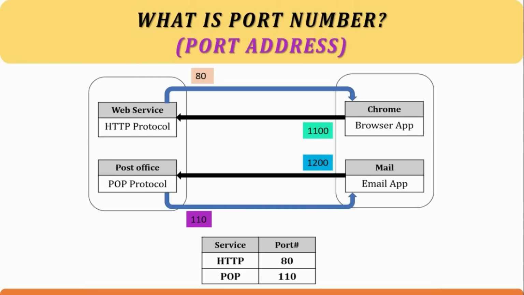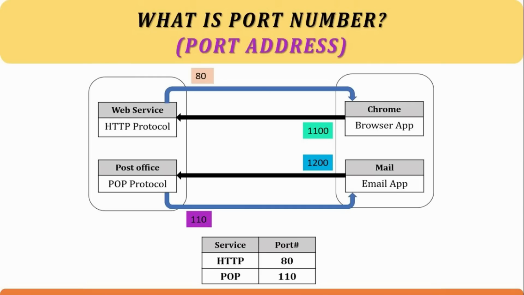Here is the breakdown of the ports. The well-known ports are 0 to 1023. These ports are reserved for common, widely used services and protocols like HTTP on port 80, HTTPS 443, Simple Mail Transfer Protocol 25, and SSH 22.